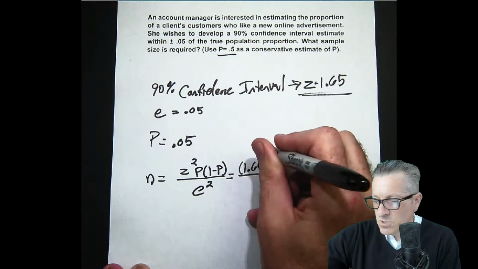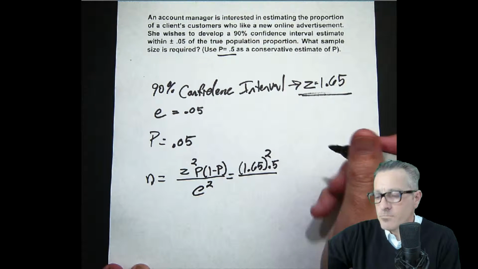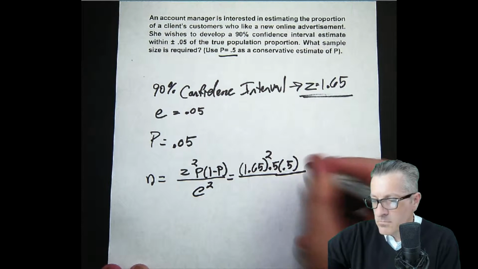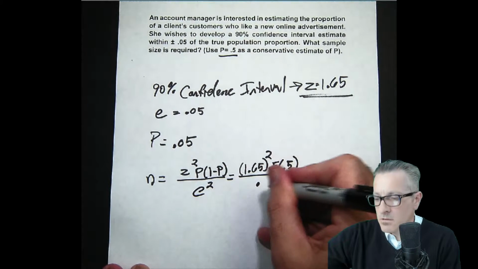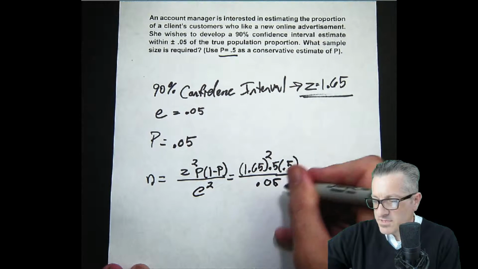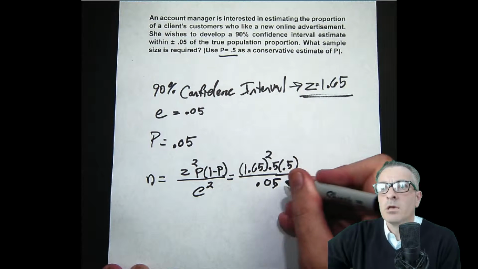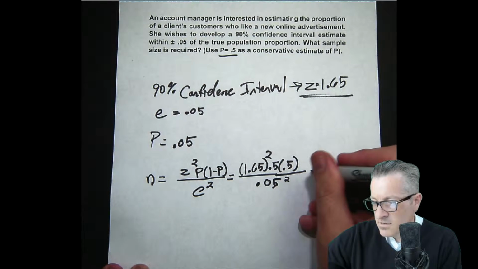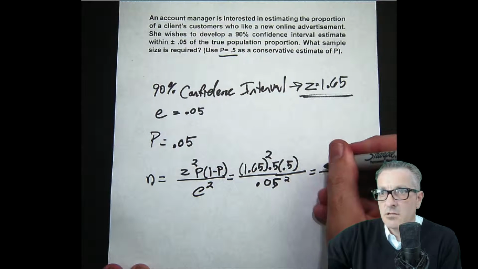So 1.65 squared, multiplied by 0.5, and then 0.5, divided by 0.05, that's our error value, and then squared. To save you the calculations here, we'll just calculate a couple of them.